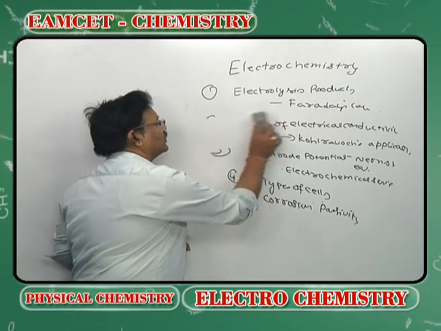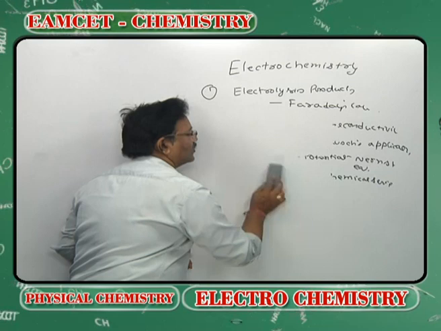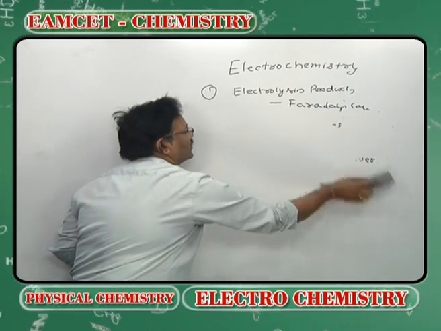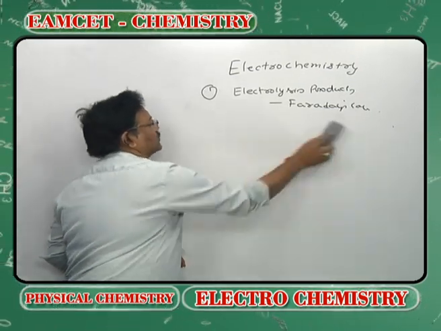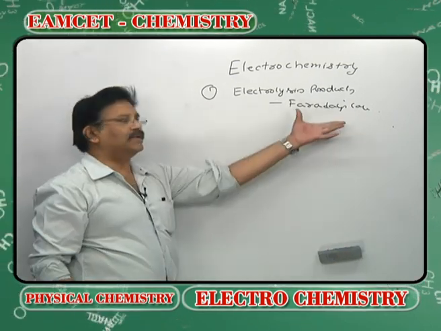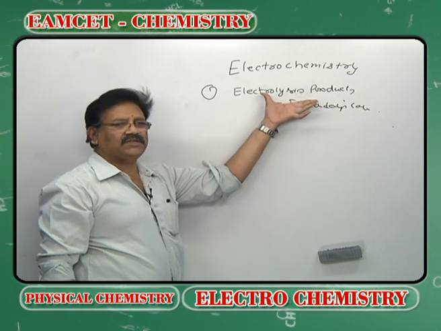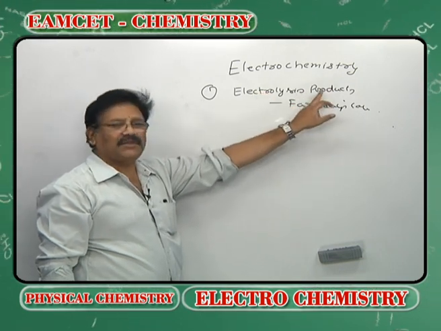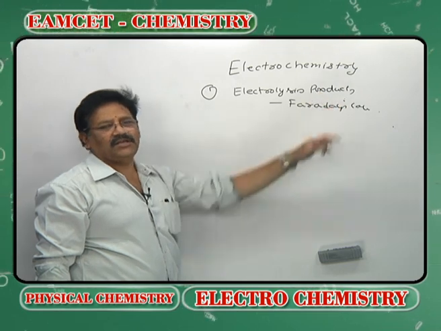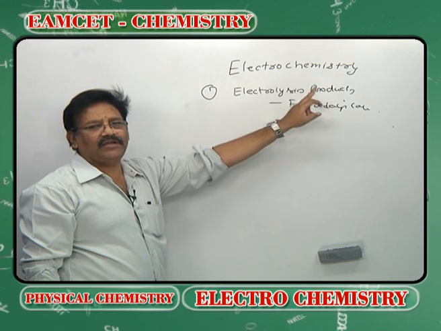To start with, electrolysis products and Faraday's laws. To solve numericals based on Faraday's laws, a student is expected to have complete knowledge regarding the nature of the products that are going to be obtained at the cathode and the anode.